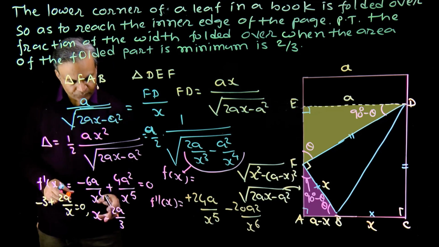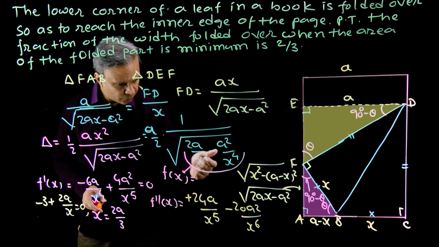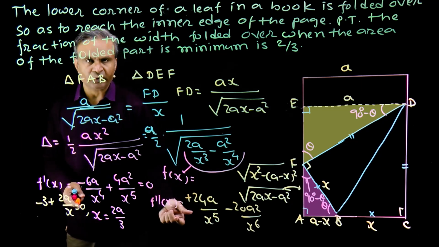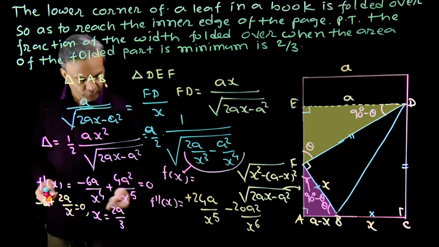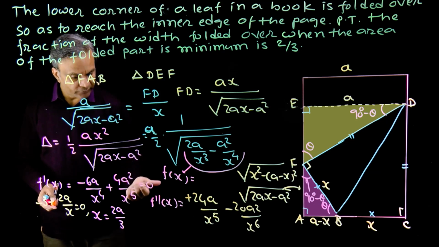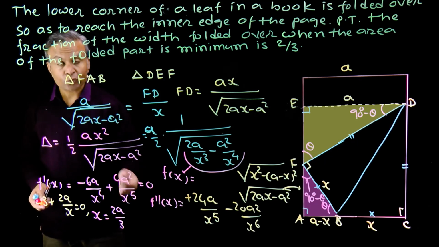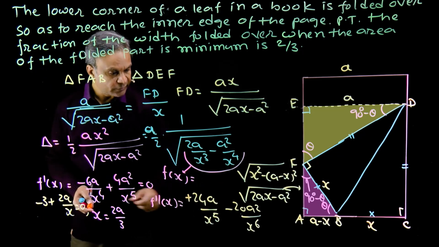Now in this put x equal to 2a upon 3. We can take 4a upon x to the power 5 common and then put x equal to 2a upon 3. We will get double derivative less than 0. For x equal to 2a upon 3, the double derivative will be negative.